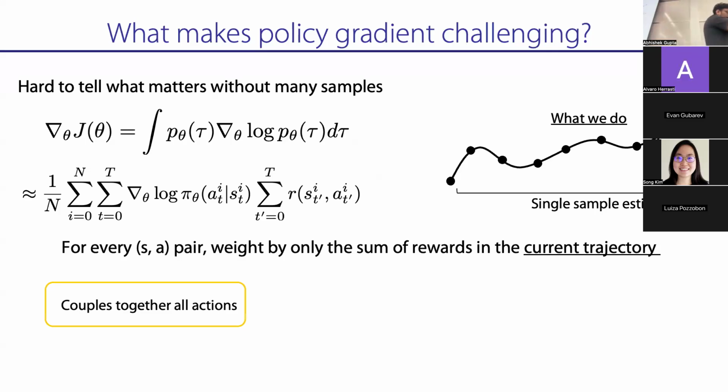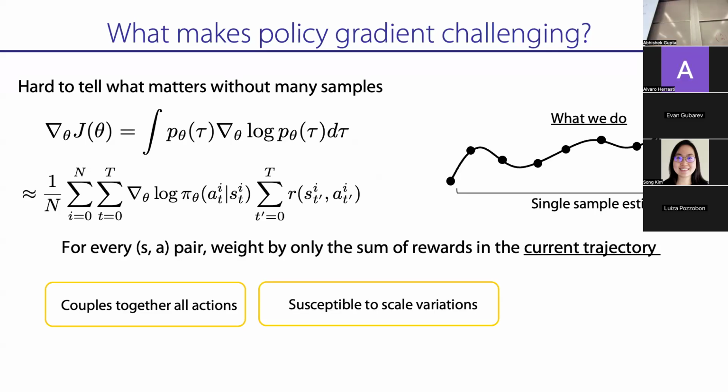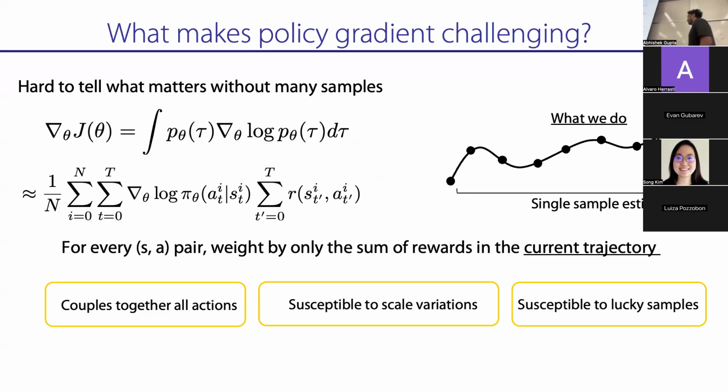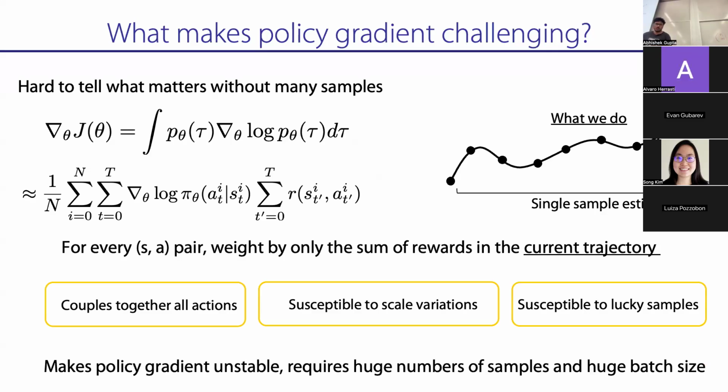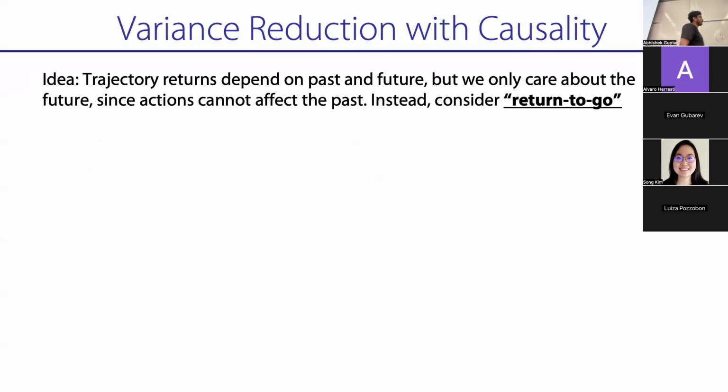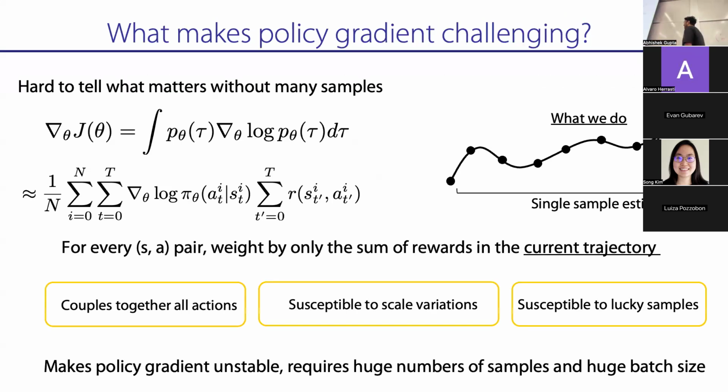And so it couples together all the actions. It's susceptible to scale variations and to lucky samples, right? And this leads to the issue you often refer to as variance. If you compute the policy gradient a bunch of times, you'll get different gradients, so you'll have a lot of variance in your estimator. And the reason policy gradients are so inefficient is that you just need a huge number of samples to reduce this variance.